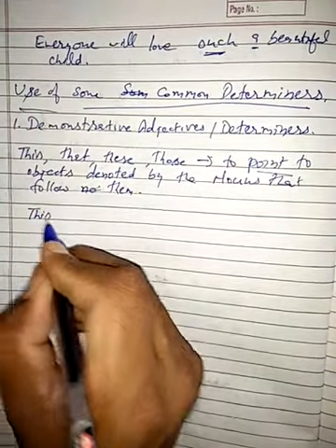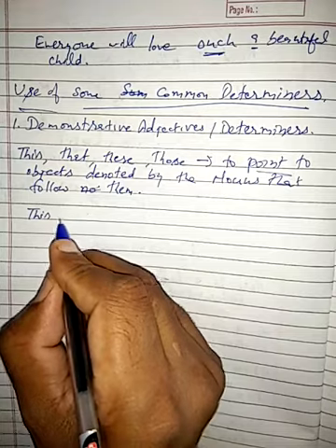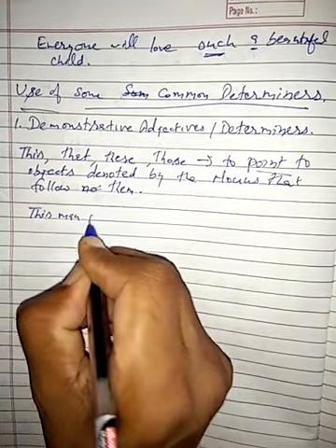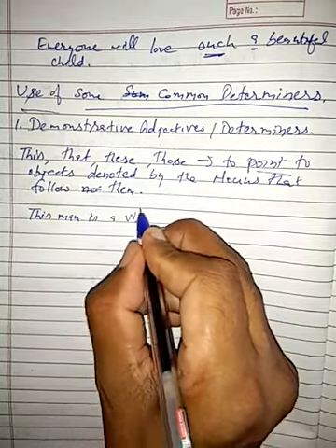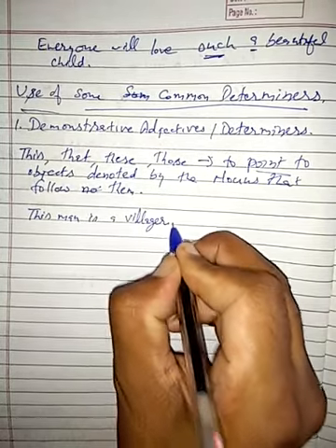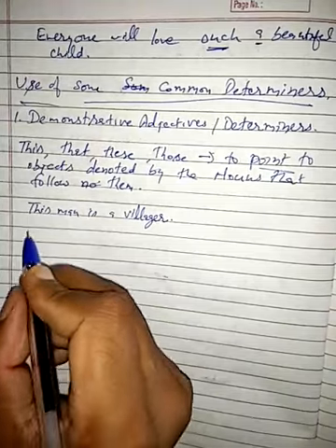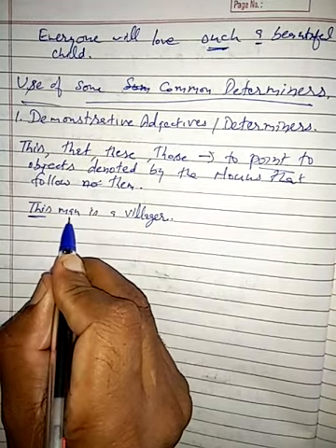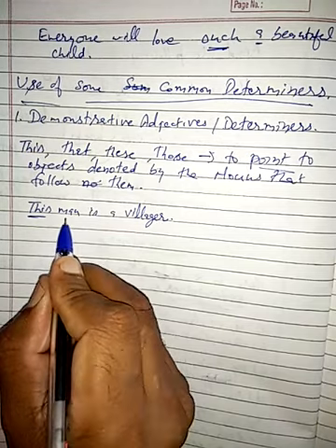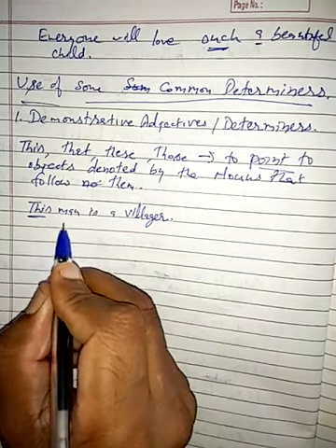Here, this man is a villager. Okay, so what does this do? This qualifies man, this man. Okay, we point out this particular man, this man.